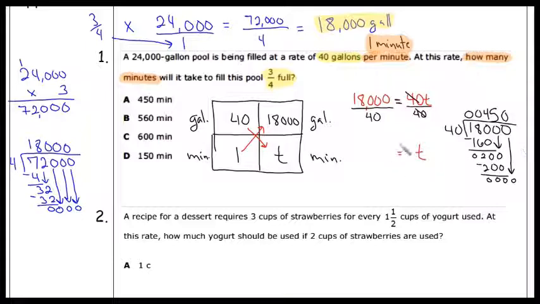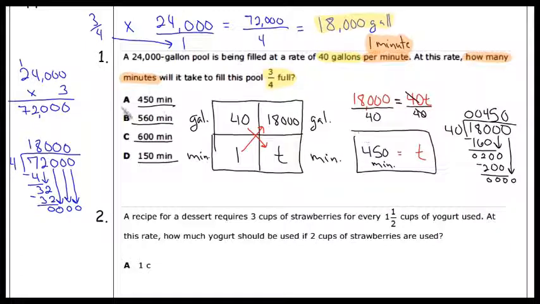So t is 450, and because t is talking about minutes, it's 450 minutes. Now it's the same kind of question as the other one, where in this case it's a multiple choice answer, and all of your answer choices are in minutes. So we can go ahead and answer the answer choice. A would be the correct answer choice because that's the only one that's 450 minutes.